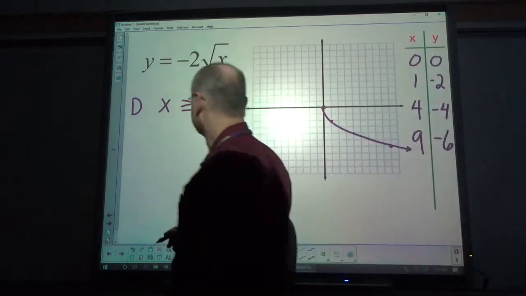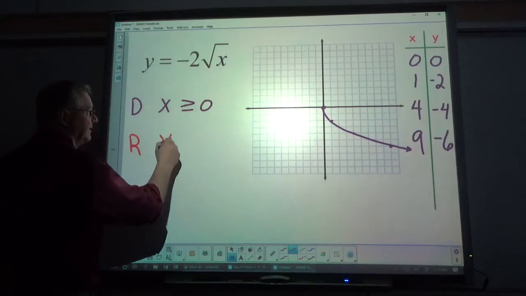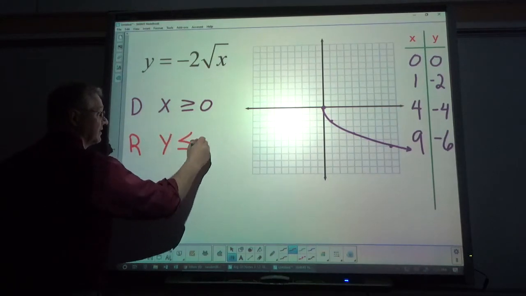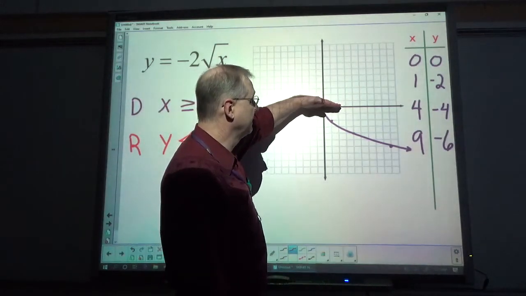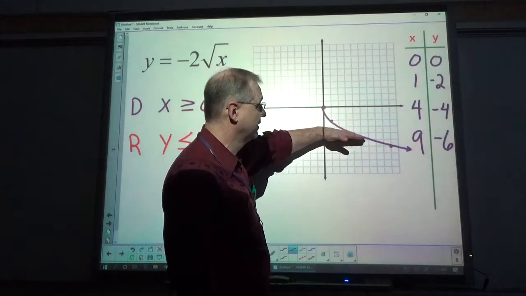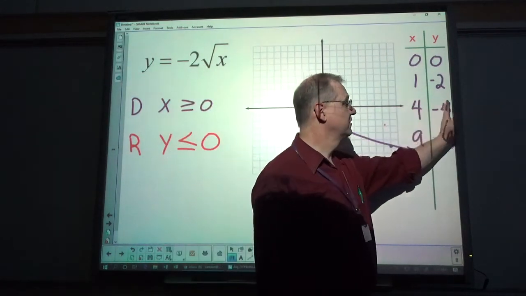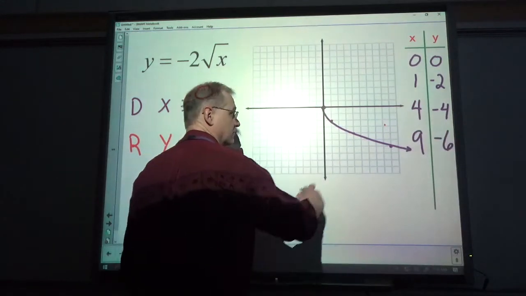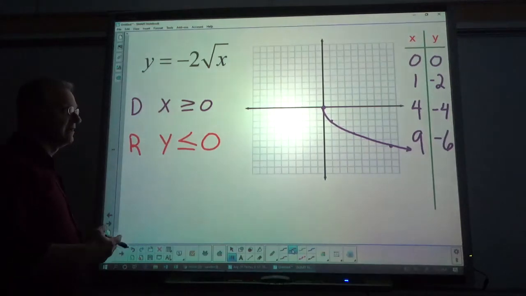Now, if we go to the other side, the range is y less than or equal to 0 in this case. Think of a line here. Where does it go? It goes down as it goes along. Whereas this one goes to the right as it goes along, for the x and the y values.